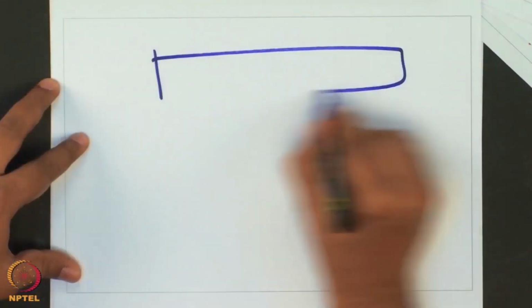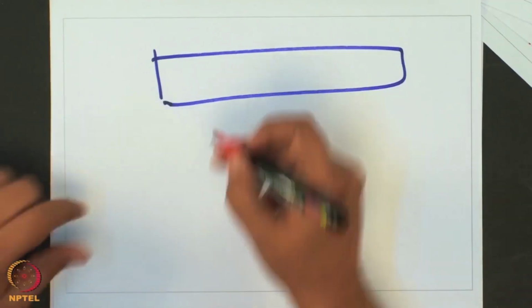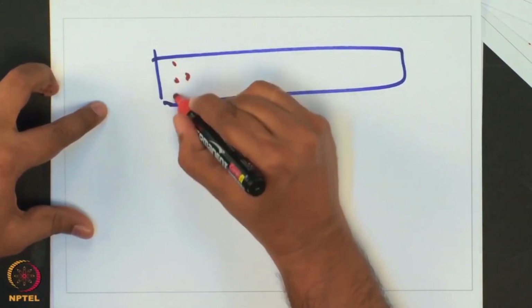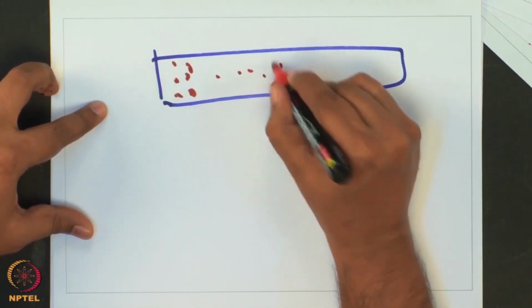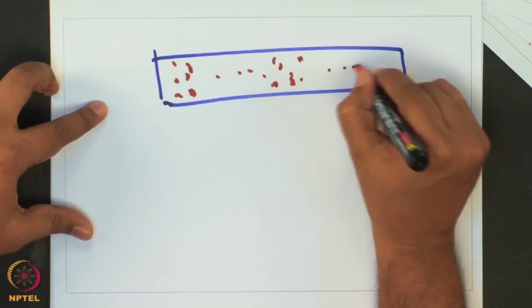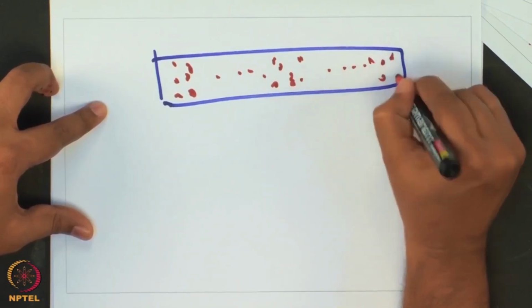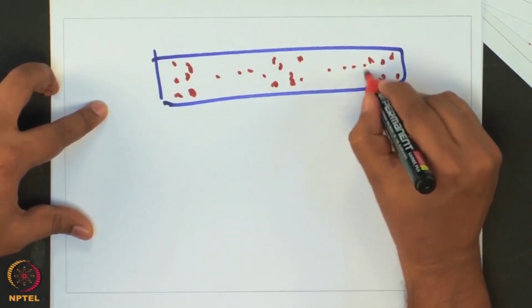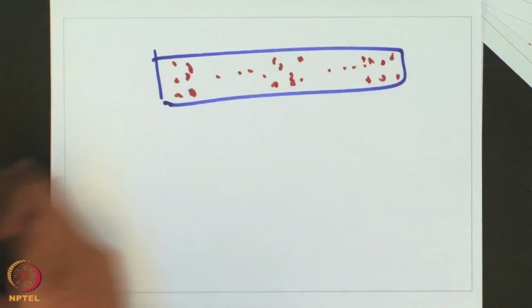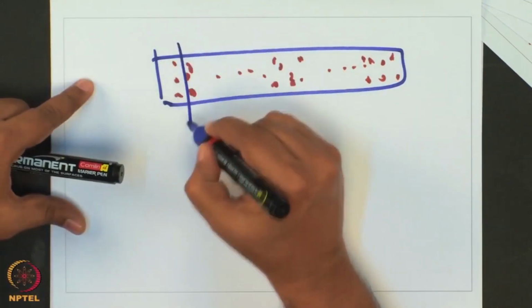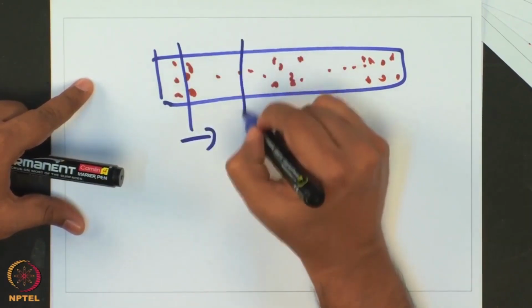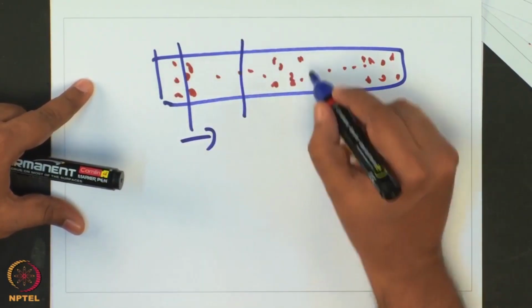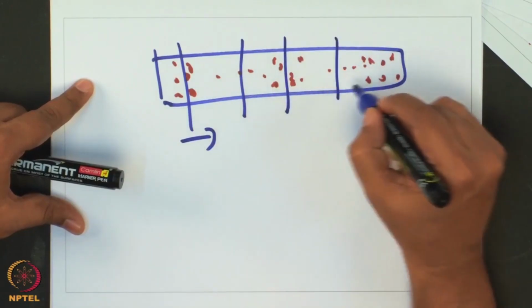For example, if you have a tube like this, with a lot of molecules here and very few molecules there, the current here would be very large because there are a lot of molecules, so they will flow, while the current here would be very small, the current here would be large, and the current here could be small.